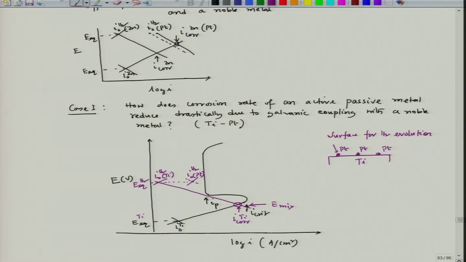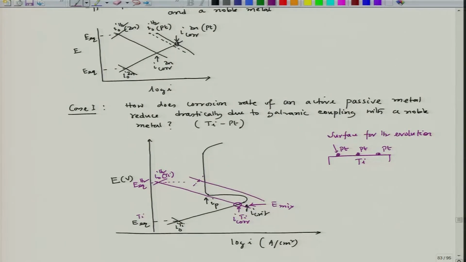So, now on platinum surface it will have its own cathodic polarization plot. If the polarization plot is going like this, let me shift it just to give a better explanation. So, if I shift it here, now this will move like this.